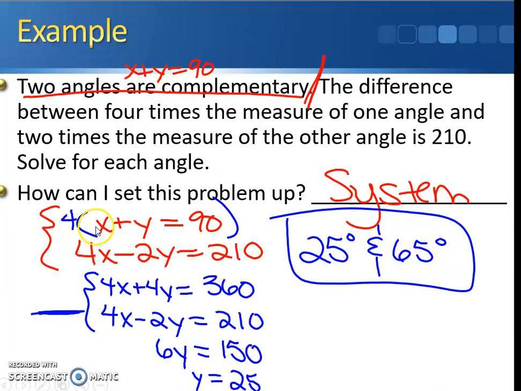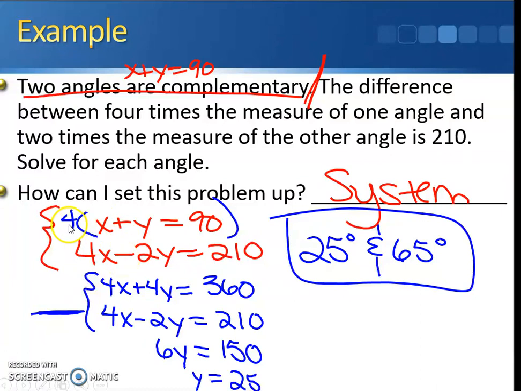So my first equation for the system is x plus y equals 90 because they are complementary angles. X is angle 1, y is angle 2. And then 4 times the first one, 2 times the second one, the difference means minus, equals 210. So this is my second equation.